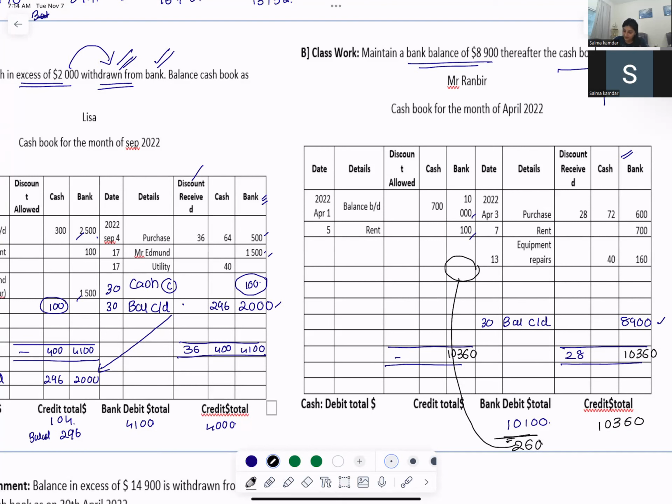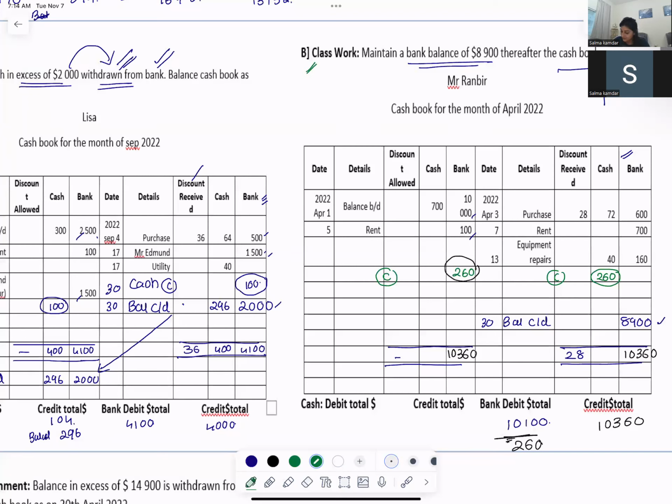So it's bank debit, which means it has to go out from the cash, and this is a contra entry. Please note, this is what I am doing as per the instructions given in the question.